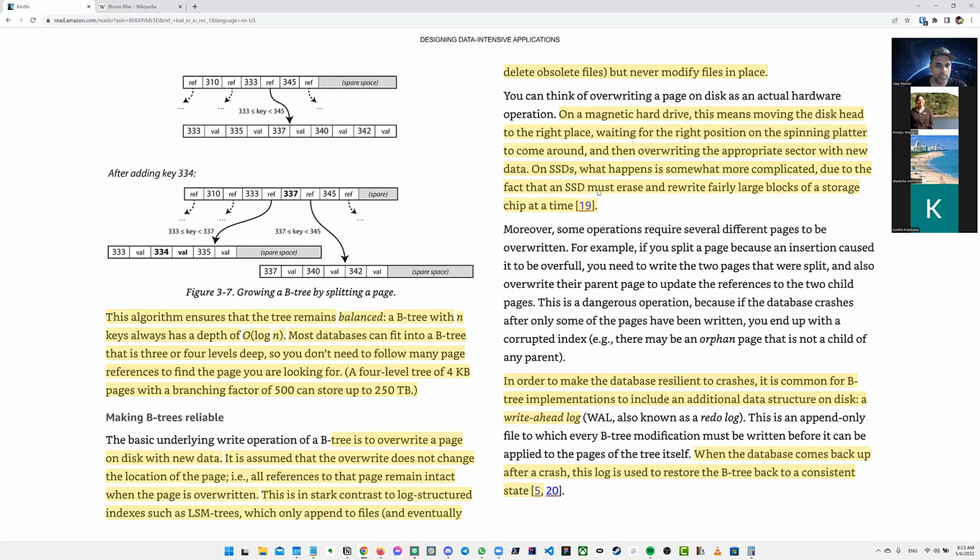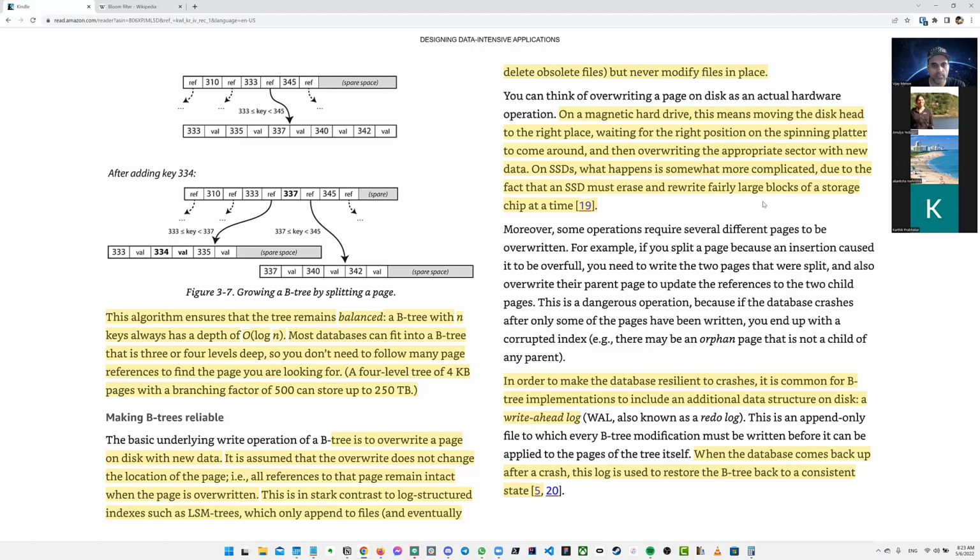In an SSD, solid state disk, what happens is a little bit more complicated in that SSDs must erase and rewrite fairly large blocks of storage data at a time. But SSDs are typically a lot faster than spinning platters, so you get that trade-off in reads and writes. SSDs don't perform too well if you have a write heavy operation, because the number of times you rewrite an SSD determines its life.